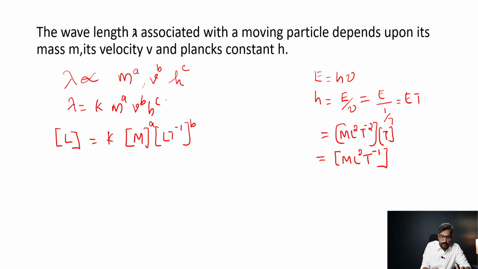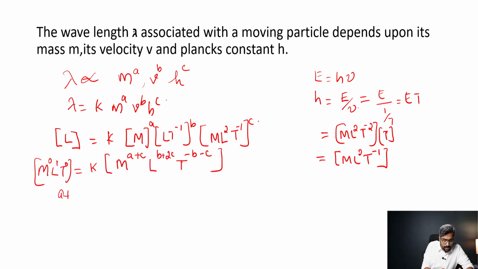So you will get M L square T raised to minus 1 raised to C. Equate the values. So you will get A plus C is equal to 0, B plus 2C is equal to 1, minus B minus C is equal to 0. This is the case, right?